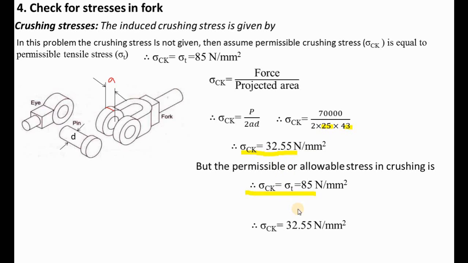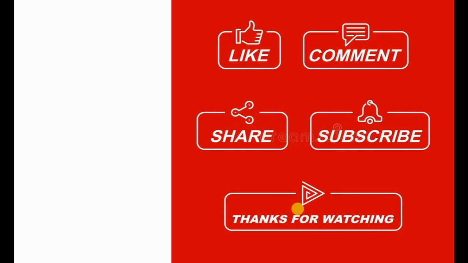The induced stress is less than the permissible one, so our design is safe. Like this, for the calculated dimensions we have to check the stresses induced in the eye and fork, for tension, shear and crushing. Okay, thank you.